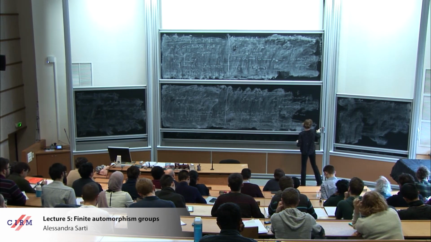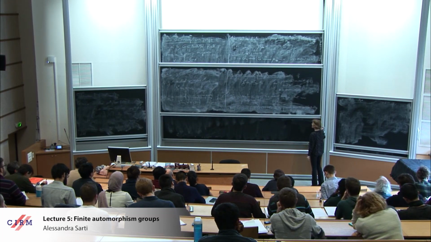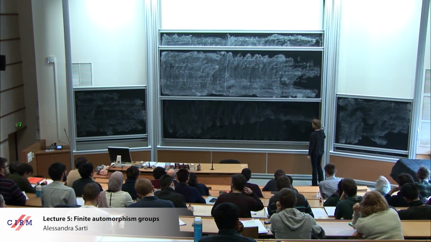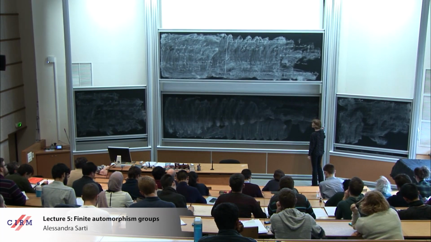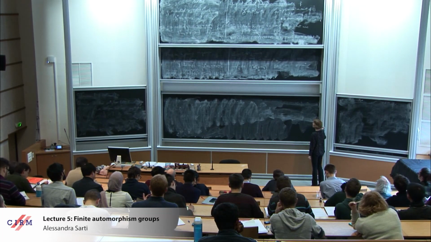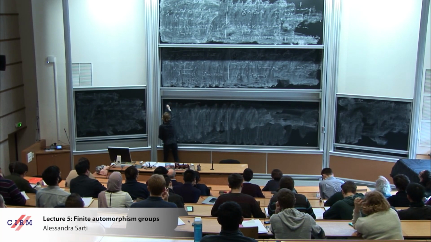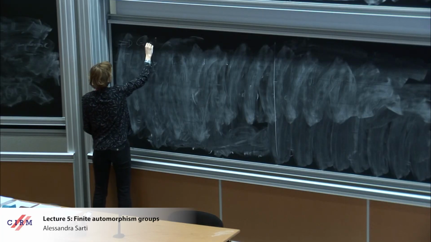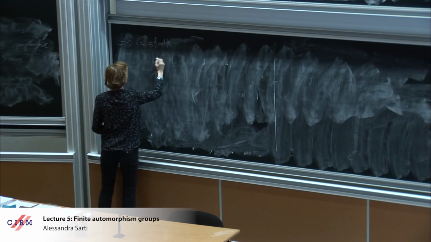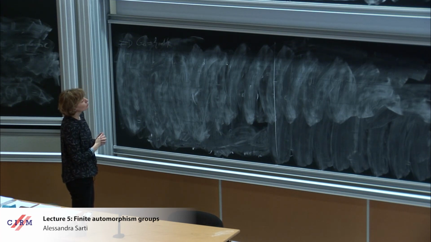For example, then what happens? Well, in that case, this means that G0 is identity. Okay, G0 is identity, so this means that G is cyclic.